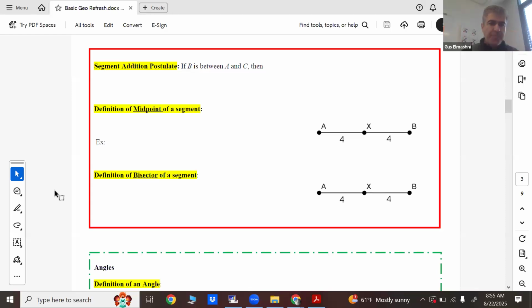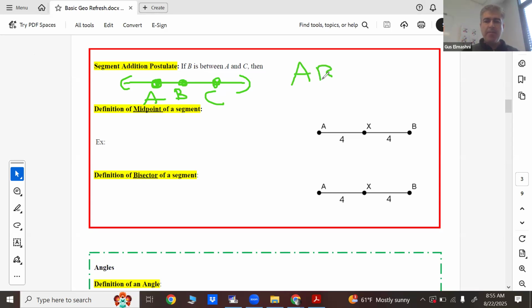All right, so here's what we're going to say. Let's draw a line. Let's put A, C, and B. I think it's pretty obvious, but we need to talk about it.